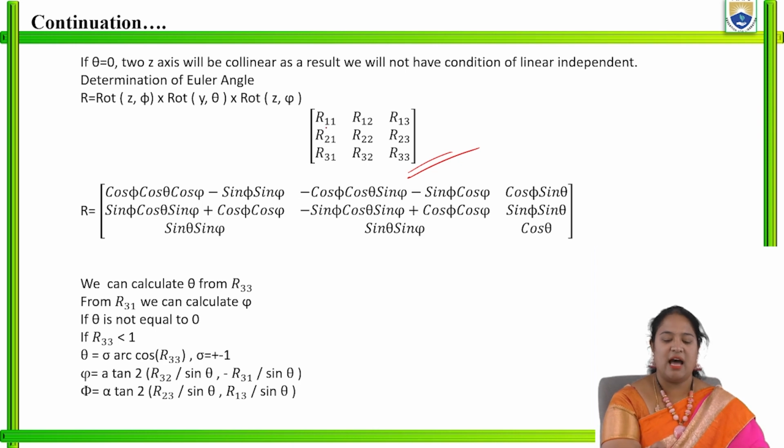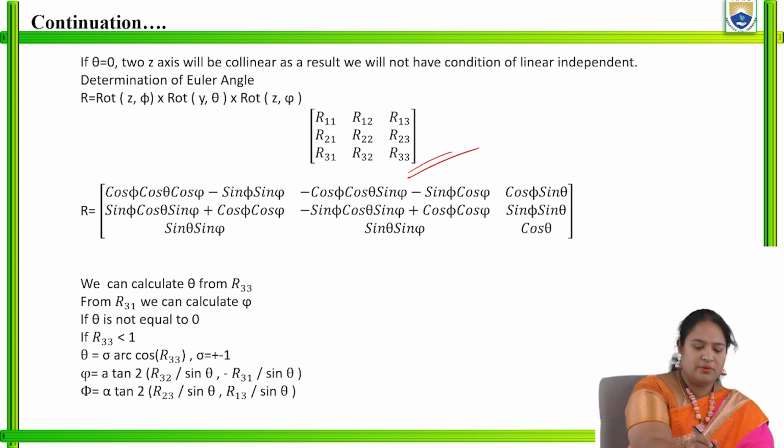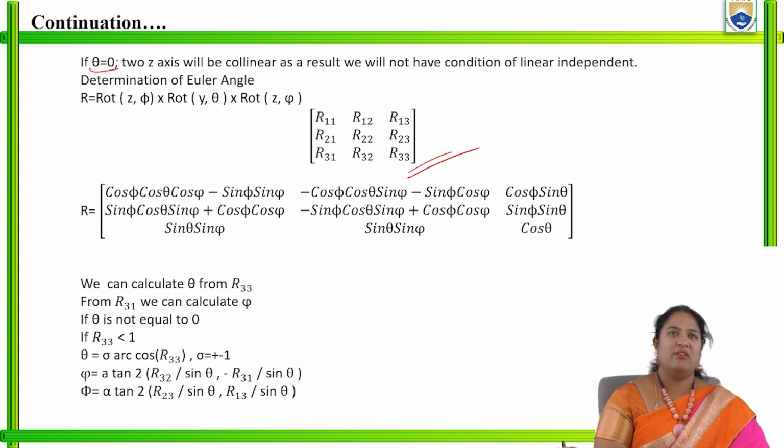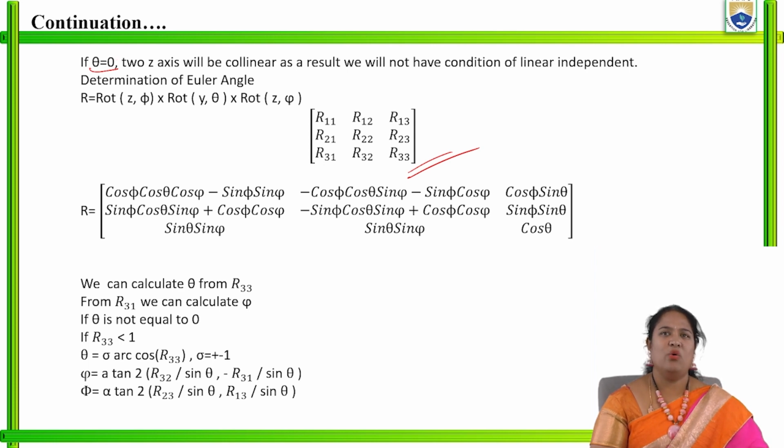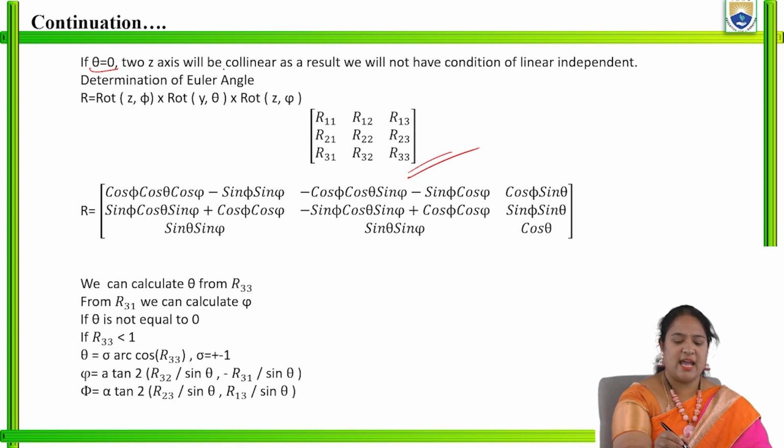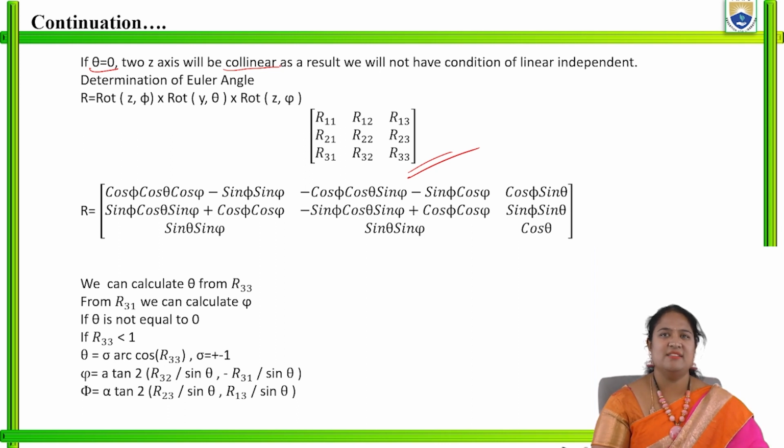The matrix has entries R11, R12, R13, R21, R22, R23, and R31, R32, R33. When theta is equal to 0, the two z-axes will be collinear to each other, as a result of which we will not have the condition of linear independence.